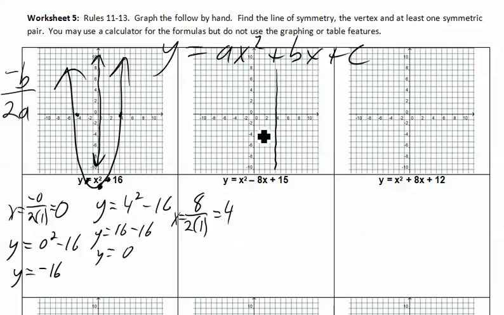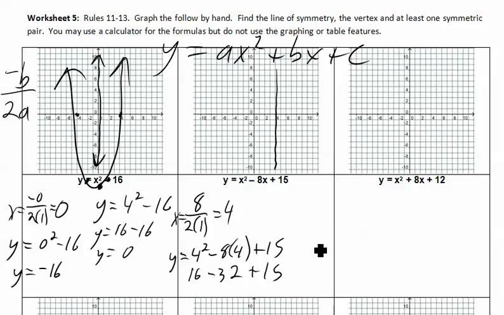Then to find our vertex, we take that value and put it in this formula to find y. Y equals 4 squared minus 8 times 4 plus 15. So we have 16 minus 32 plus 15.